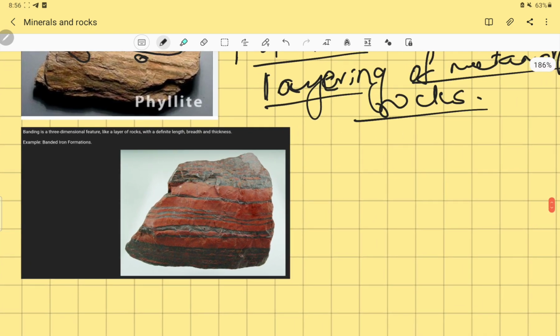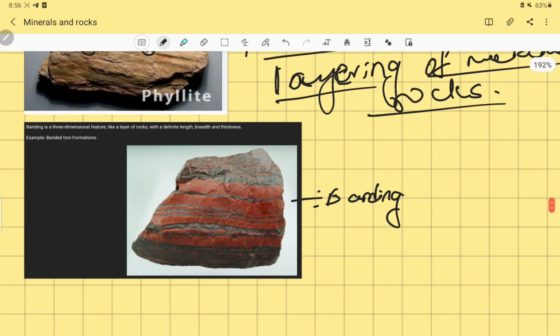And then this is an example of banding. What does banded rock mean? Banding means a color-wise arrangement of rocks. You can see the color-wise arrangement of a rock. Red color is there, then you have some black color, then red color is there.